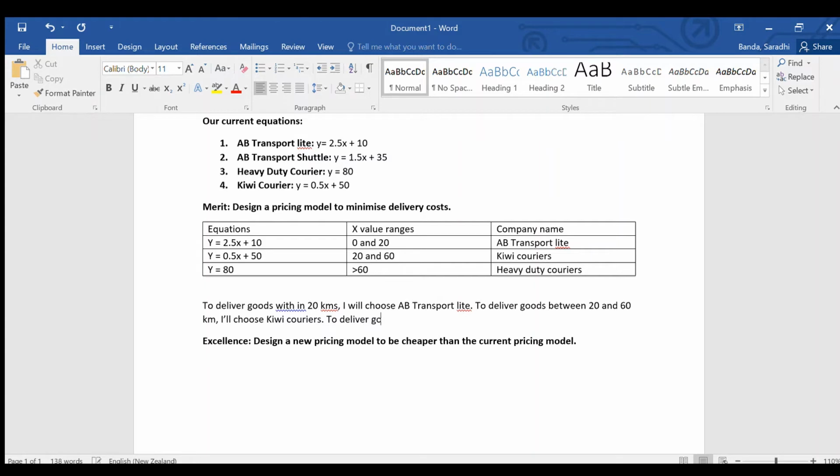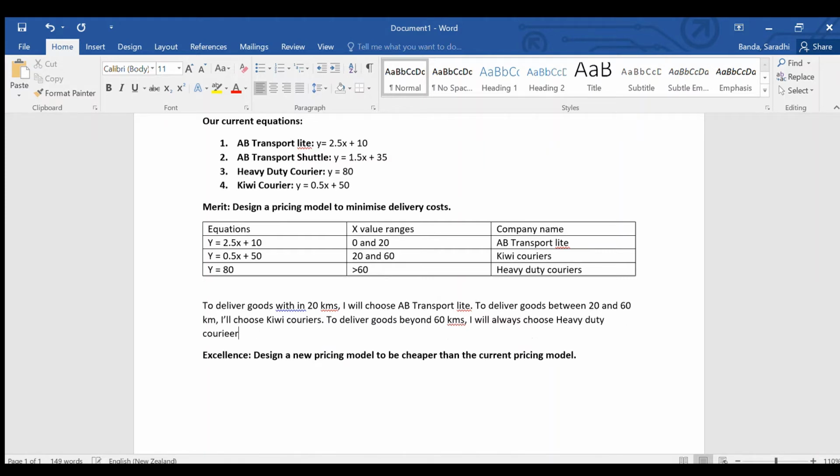To deliver goods beyond 60 kilometers, I will always choose Heavy Duty Couriers. I'm so sorry about my spellings. Couriers to keep my transportation charges at minimum. That's it, and that gives me a merit.